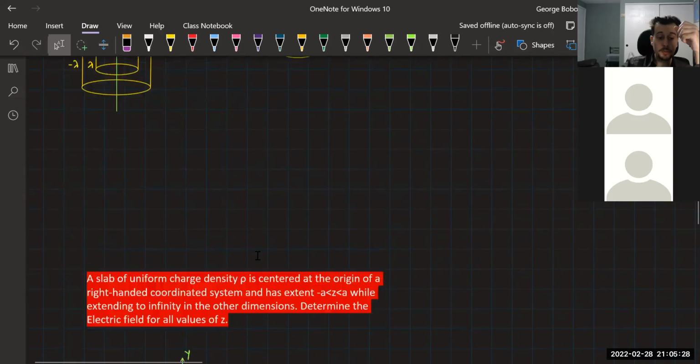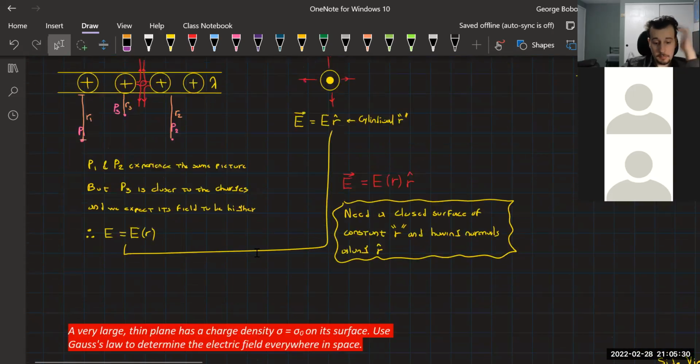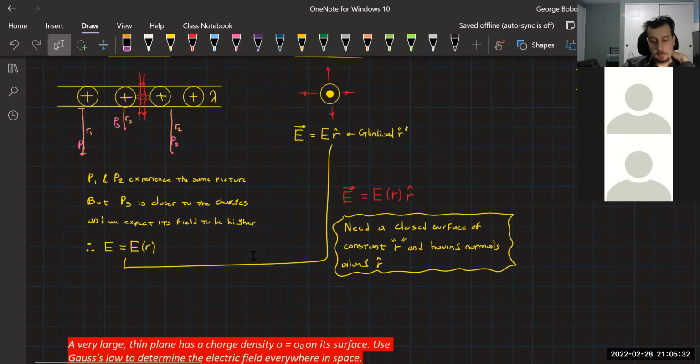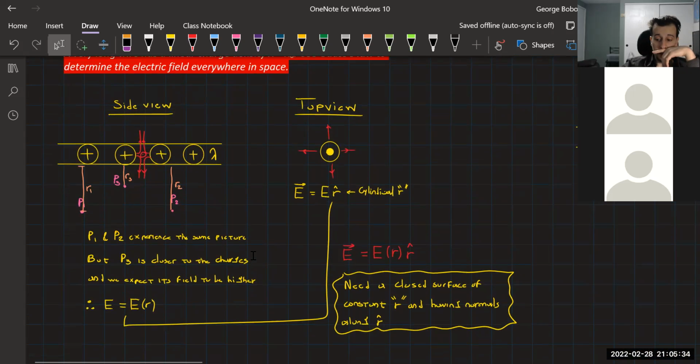Gauss's symmetry is the argument that I've been making over here. Remember, Gaussian symmetry basically means that not only do I know the electric field direction right now, I have the ability to introduce a surface that obeys the rules for using Gauss's law.